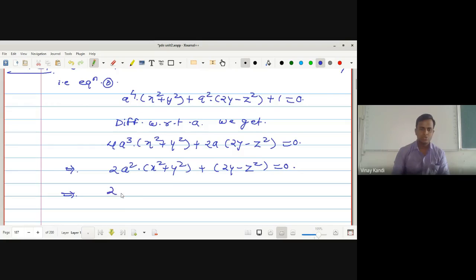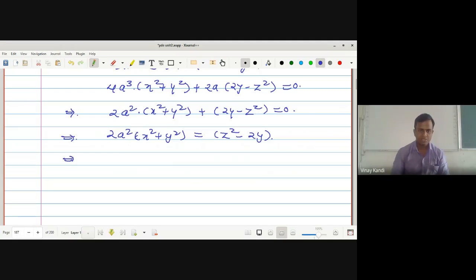Okay, that implies 2 into a square x square plus y square is equal to z square minus 2y. So that implies a square is equal to z square minus 2y upon 2 into x square plus y square. Is it correct? Yes, sir.